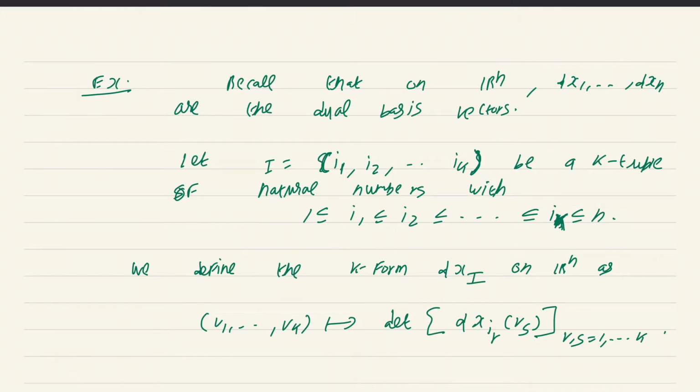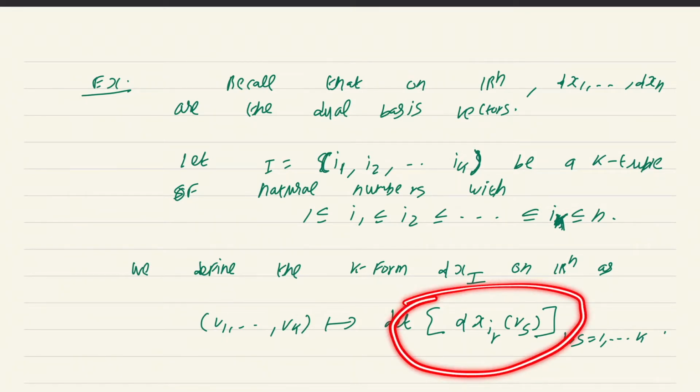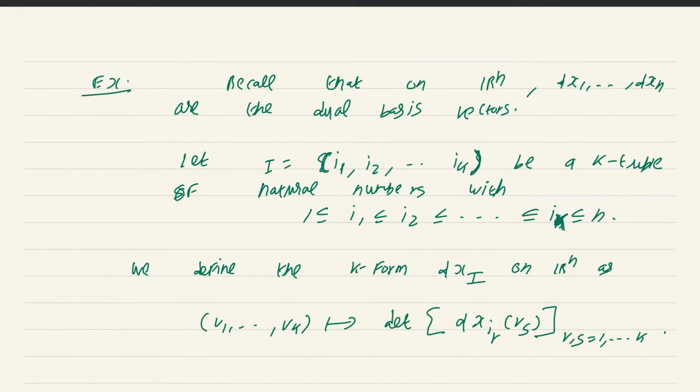So we pick these v1 to vk, then compute this matrix whose rs entry is just the evaluation of the Ir-th dual basis vector on vs. Put this together as a matrix and then take the determinant.